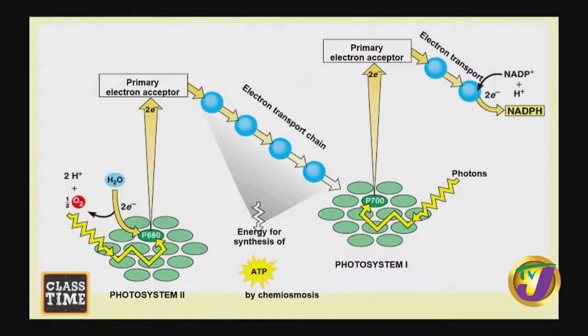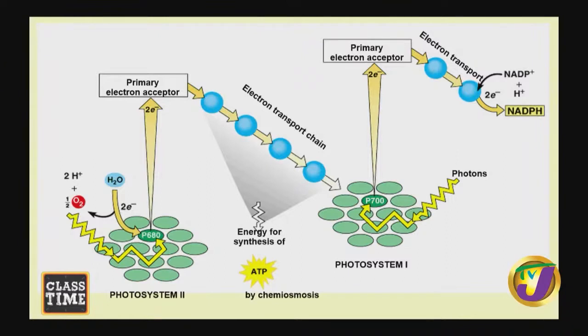Now in photosystem 2, that particular chlorophyll A molecule has a name. The name is P680. It's called P680 because 680 nanometers is the wavelength of light that this particular chlorophyll absorbs. But we call it P680 for short, and we will do so too.